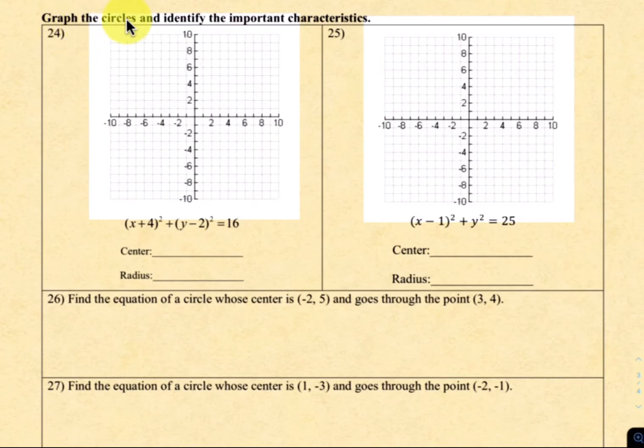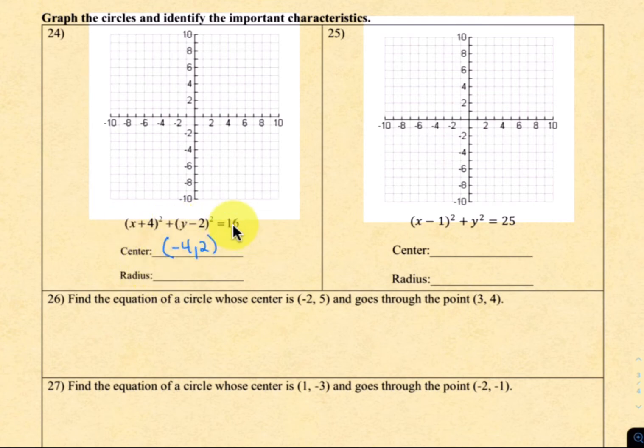For number 24, it says graph the circles and identify the important characteristics. First, we see that because we have x plus 4 and y minus 2, the center is actually -4, +2. Remember, the h and k are always the opposite of the signs that you see in the parentheses.